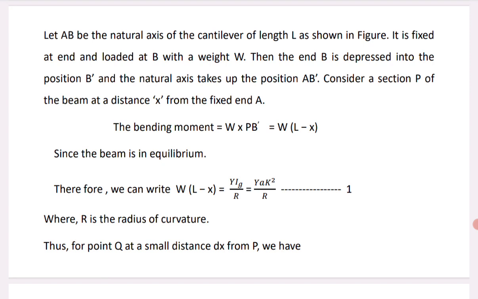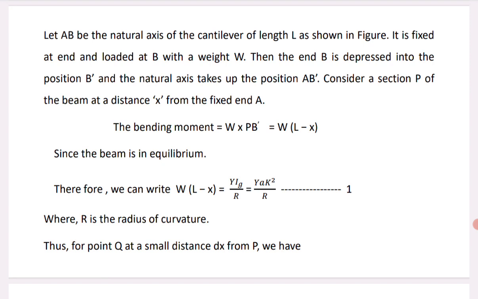Consider a section P of the beam at a distance x from the fixed end A. Then the bending moment, by the basic definition, is force into perpendicular distance. W is equal to mg, the force, into the perpendicular distance PB dash, which is equal to W into L minus x.